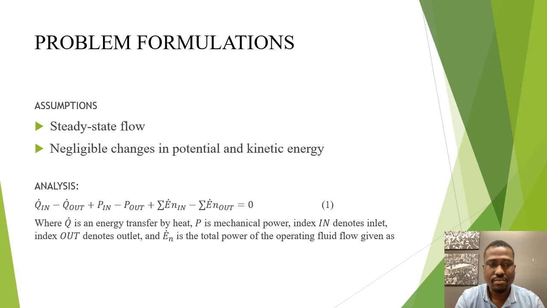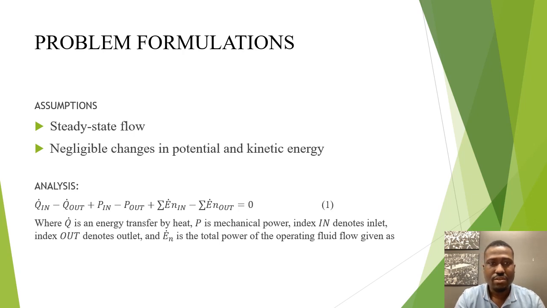in this turbine. Going forward, the first equation that will help us in our analysis is Q in minus Q out plus P in minus P out plus En in minus En out, where Q stands for the heat gained. Q in is heat gained by the turbine, Q out is the heat lost by the turbine, the power in is the power into the turbine, and the power out is the power done by the turbine.